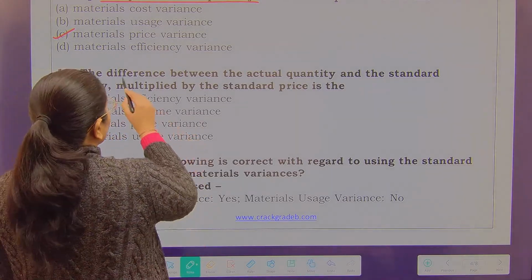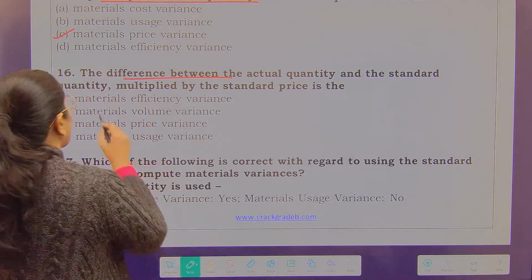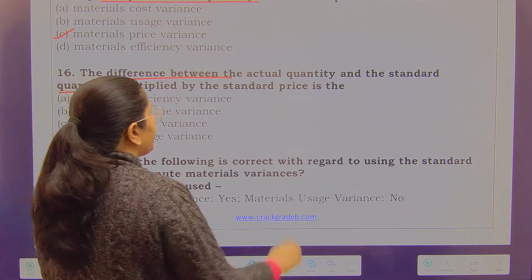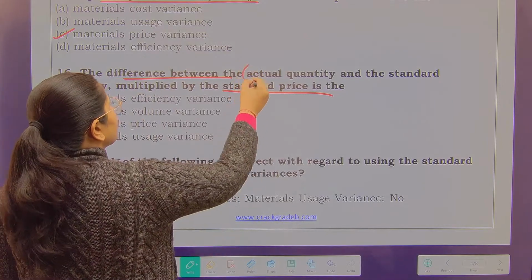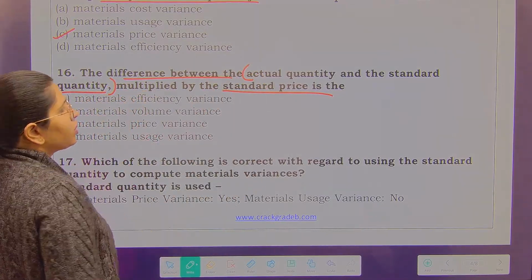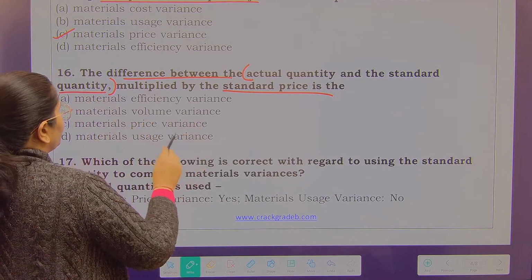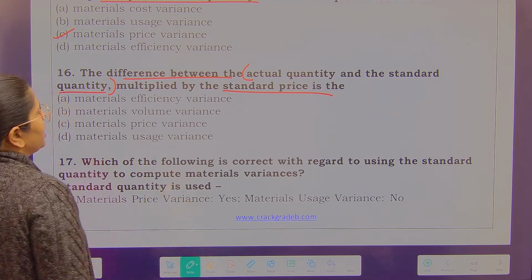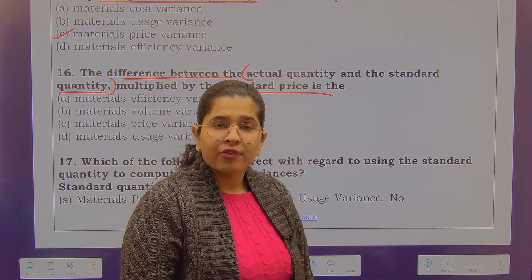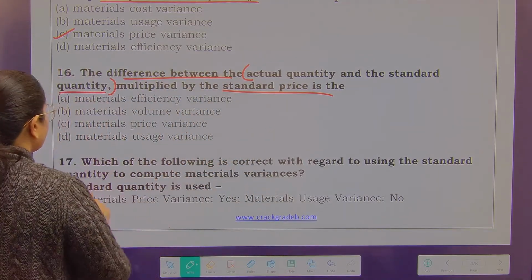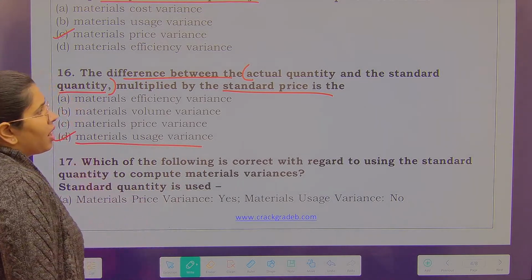The difference between the actual quantity and the standard quantity multiplied by the standard price. So here you are comparing the difference between the quantities, actual quantity and the standard quantity. Efficiency, volume, price, usage: tell me what it should be. Question number 16. We have talked about that this is the material usage variance, right? Why?